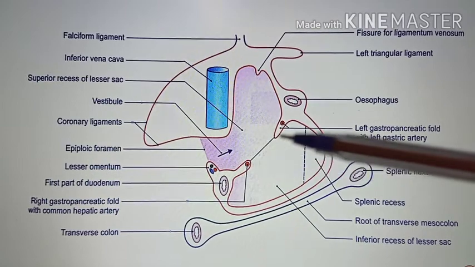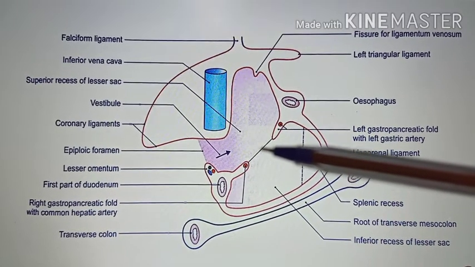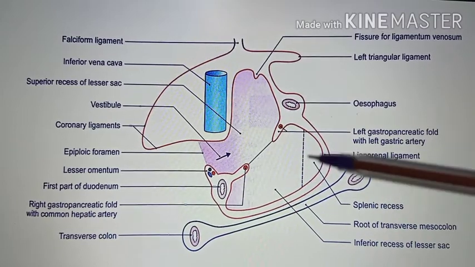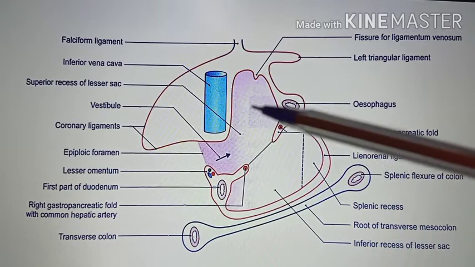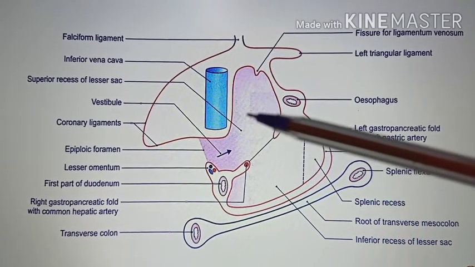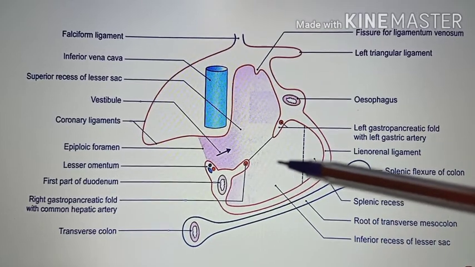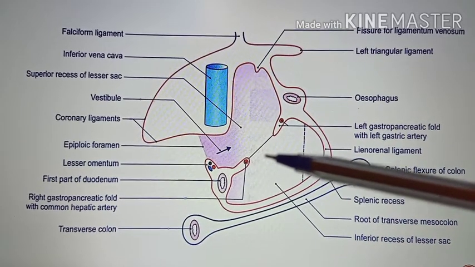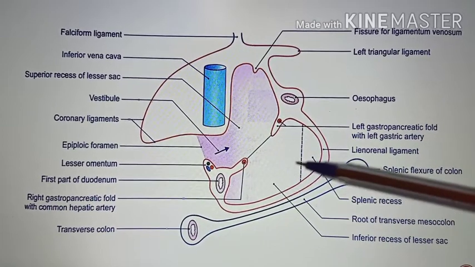This foramen, the foramen bursa omentii majoris, divides the entire lesser sac into an upper part called the superior recess, and a lower part called the inferior recess. This inferior recess is also called the omental bursa proper.